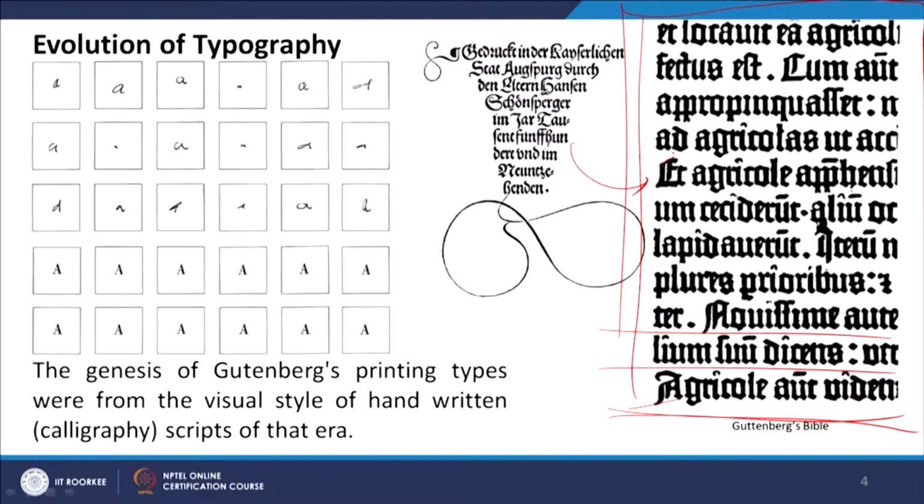If you have a calligraphic pen, this kind of change of line thickness will be there, because before that the Bibles were handwritten, and people used to copy the manuscript to make another copy of the Bible or other books. So it used to look like handwritten calligraphy.